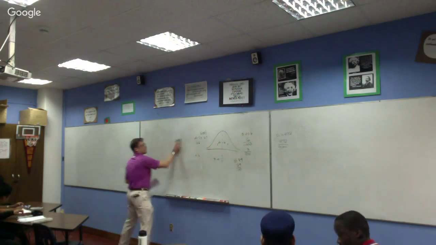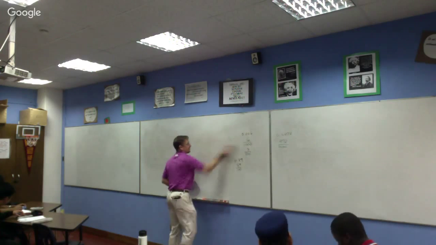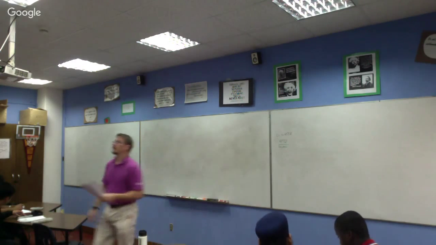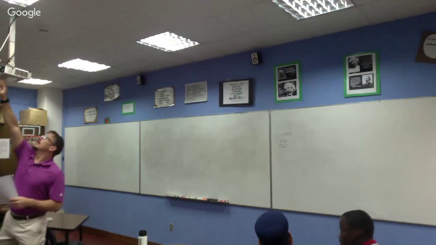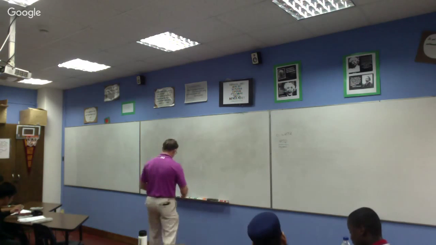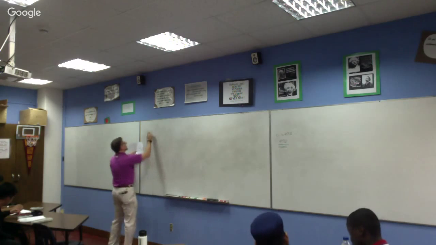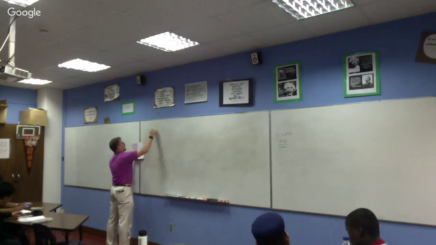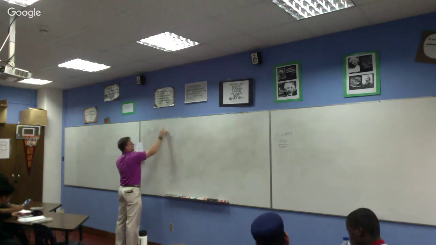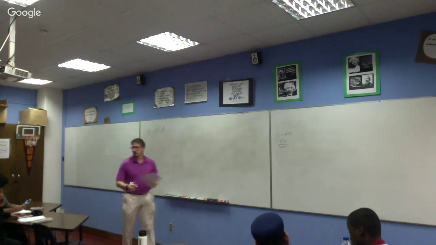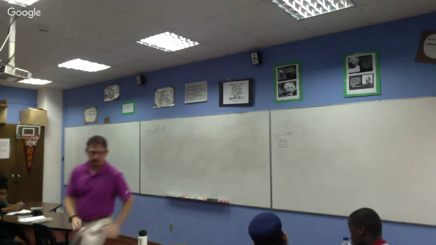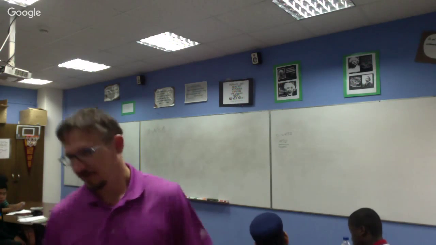I'll put it up on the screen, make it a lot easier. If you look at number 1, it says if x is normally distributed, what can we say about this distribution? What kind of distribution is that? Standard normal distribution.